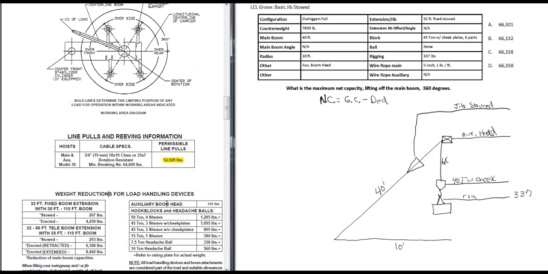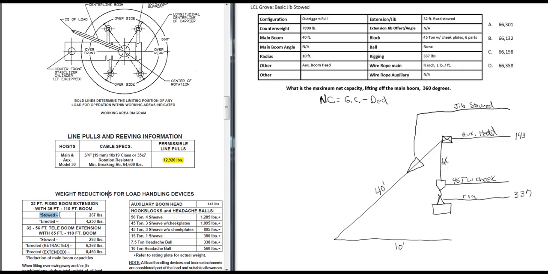Okay. Auxiliary boom head, 143 pounds. These are different deductions for different jibs and different jib configurations. We're looking for 32-foot fixed stowed.